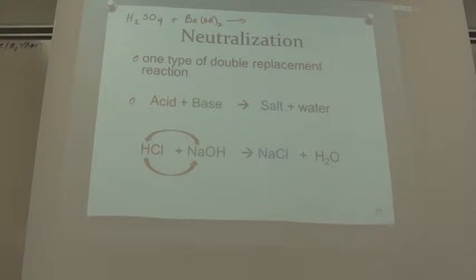Of course you do, because it says right here, it forms the salt and the water. What are we going to write first? We're going to write the water, but we're going to write it as HOH, so we are clear that the H came from here and the OH came from there, which leaves us with what?